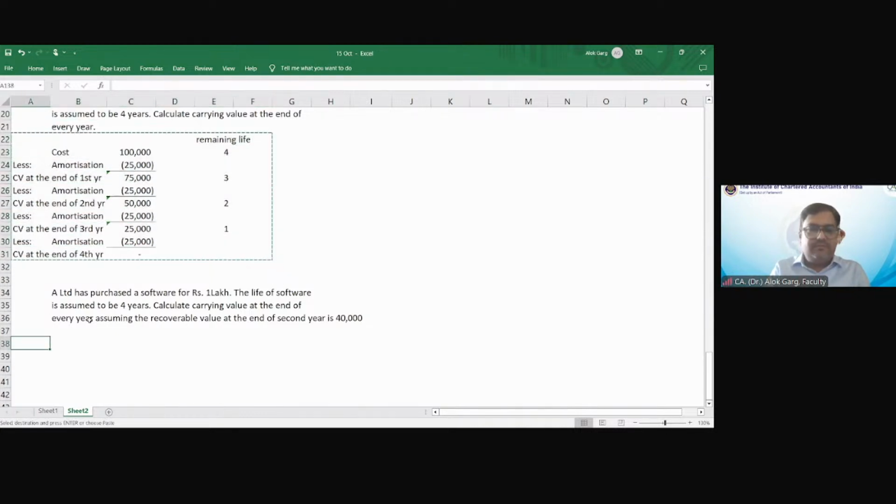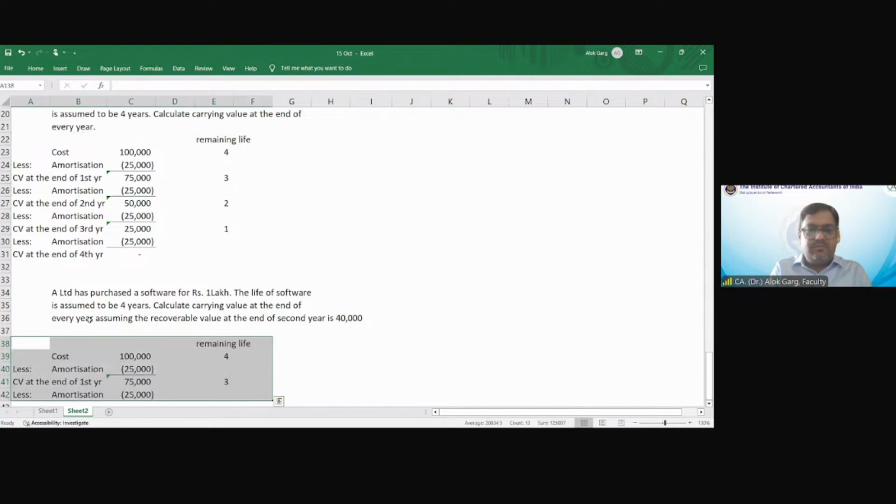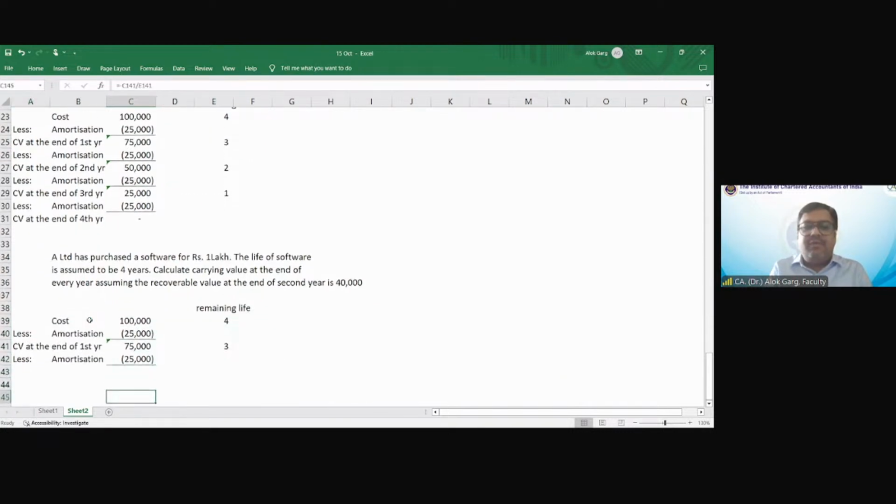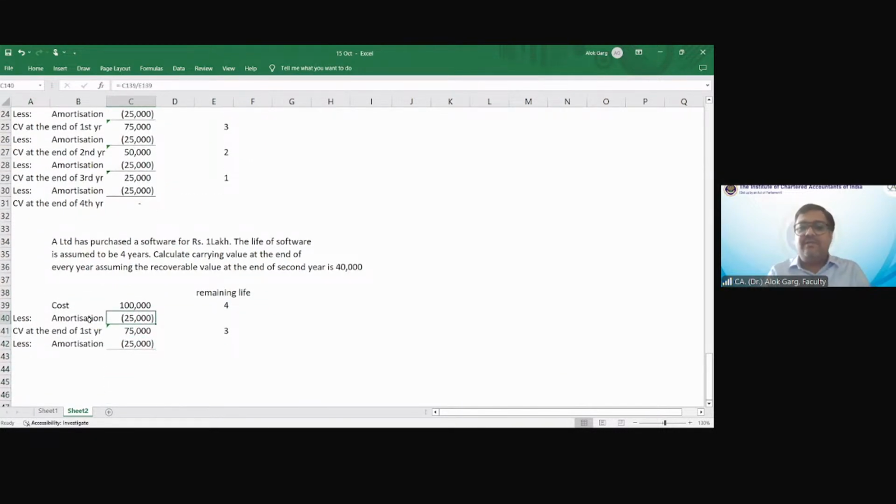What is the cost in this case? The cost is 1 lakh. My first year amortization is 25,000, and the carrying value at the end of first year is 75,000.